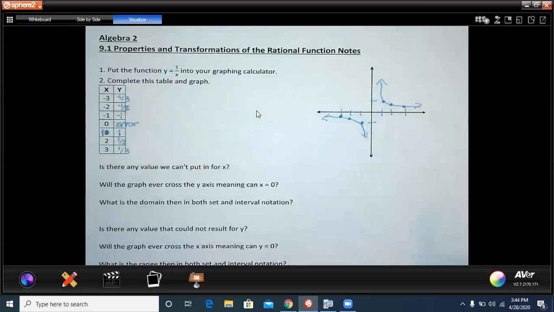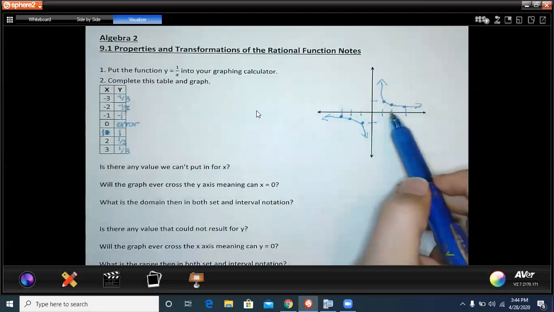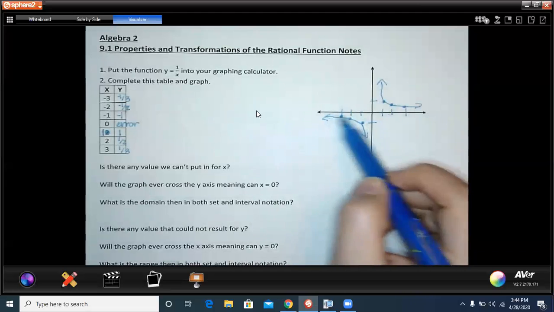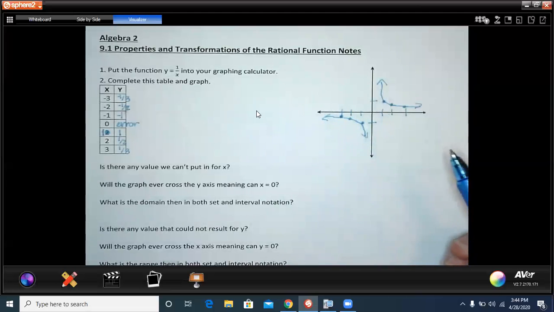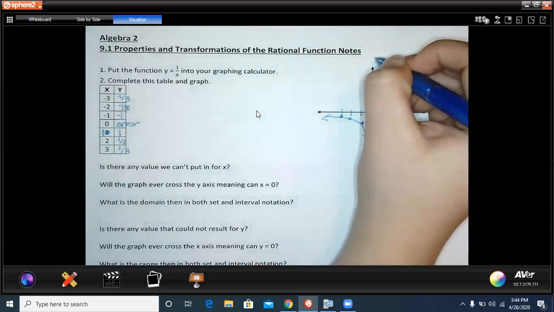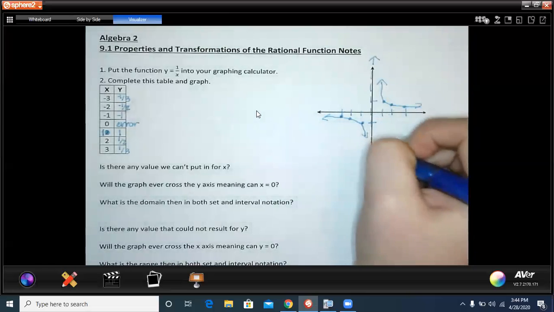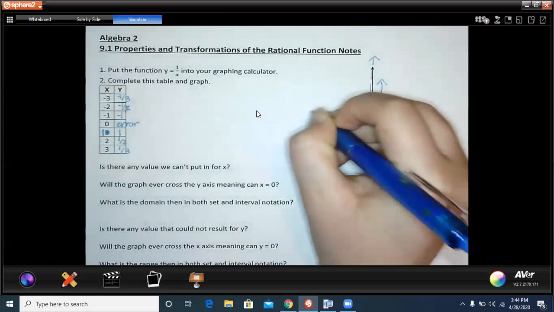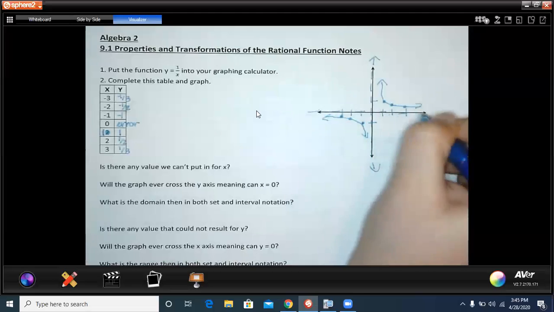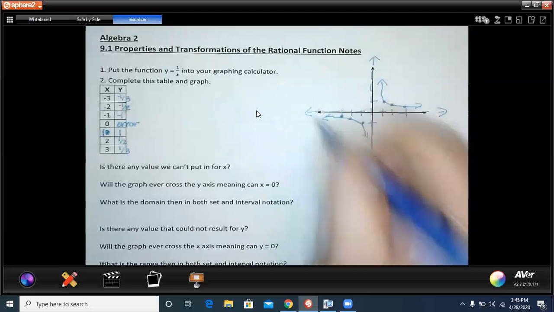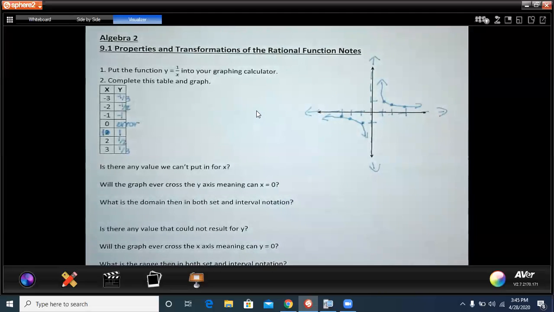So just like in our picture, we can see that it goes along both of our axes, but it's never going to actually touch. So when we draw that, we draw these dotted lines to denote that they're never actually going to touch at those places. And we'll talk about those here in just a little bit.